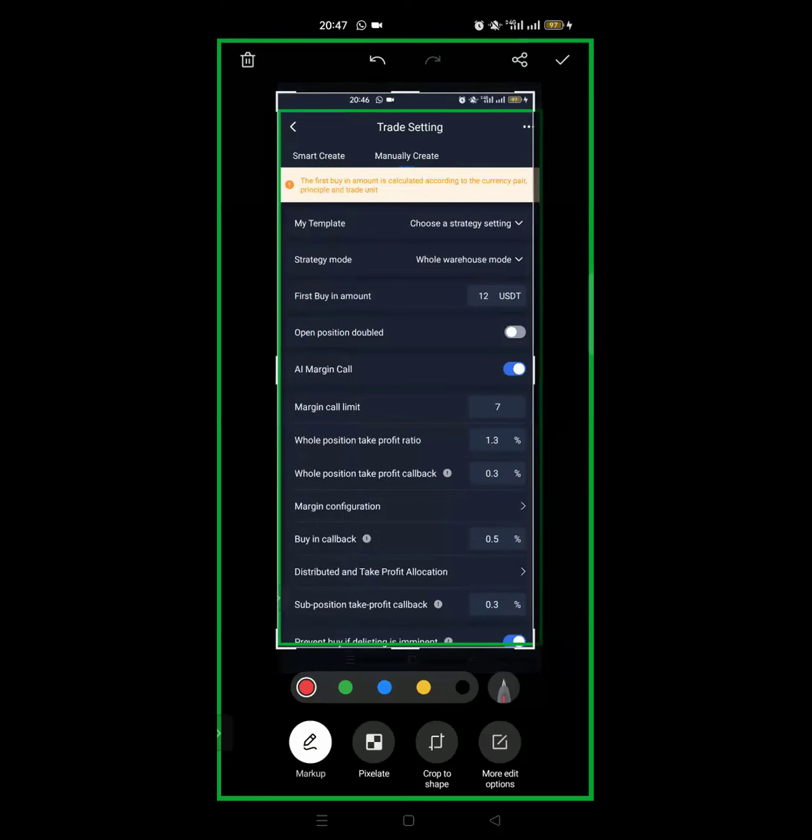I can't remember whether it's my last two Zooms. I'm just going to try to highlight it so we know what I'm talking about. My template, choose a strategy settings. This is the part where you click to load your settings. I believe I have talked about this before.